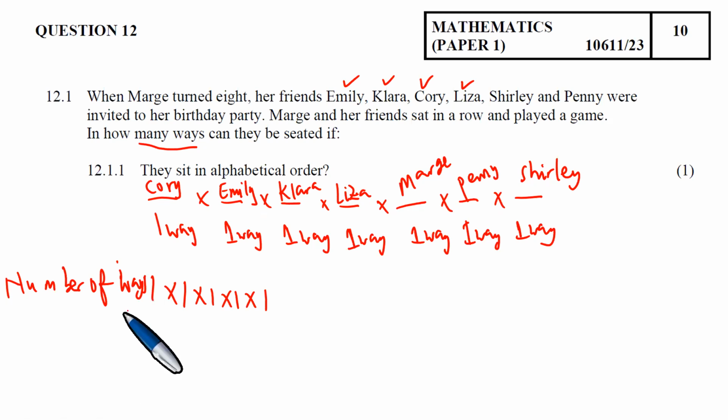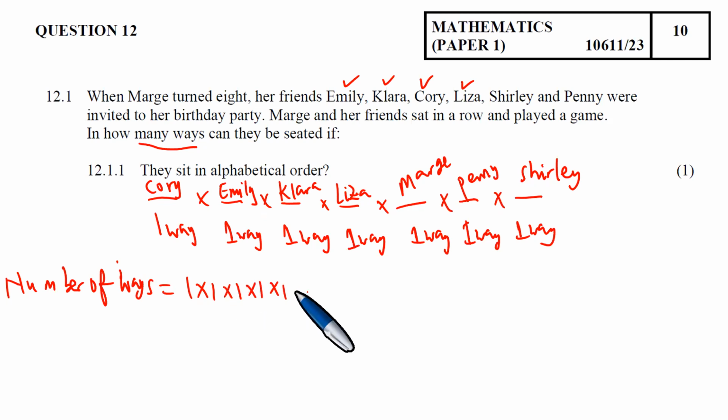So the number of ways here is 1 times 1 times 1 times 1 times 1 times 1 times 1.